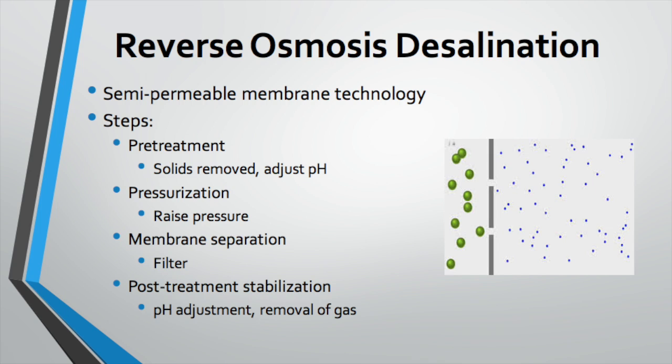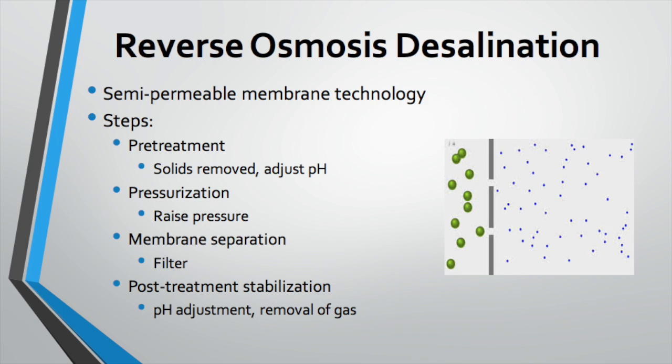The reverse osmosis system consists of 4 steps: pre-treatment, pressurization, membrane separation, and post-treatment stabilization. The incoming seawater feed undergoes a pre-treatment process where the solids are removed and the pH is adjusted. The pre-treated stream travels through a pipe to a high-pressure pump, raising the pressure of the stream to an appropriate operating pressure higher than the osmotic pressure.